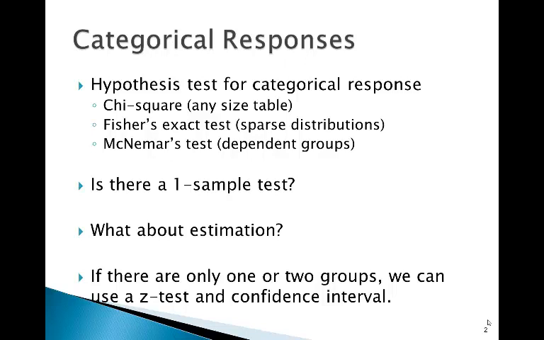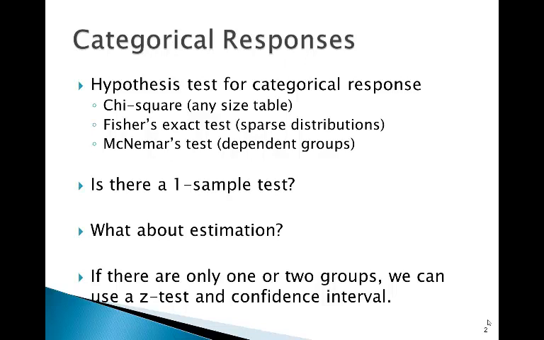All of these are for more than one group of observations. What if we only have one sample of data? In continuous response variables, we had the one sample t-test. And also, what about estimation? We can do confidence intervals for continuous responses, but how about for categorical responses?